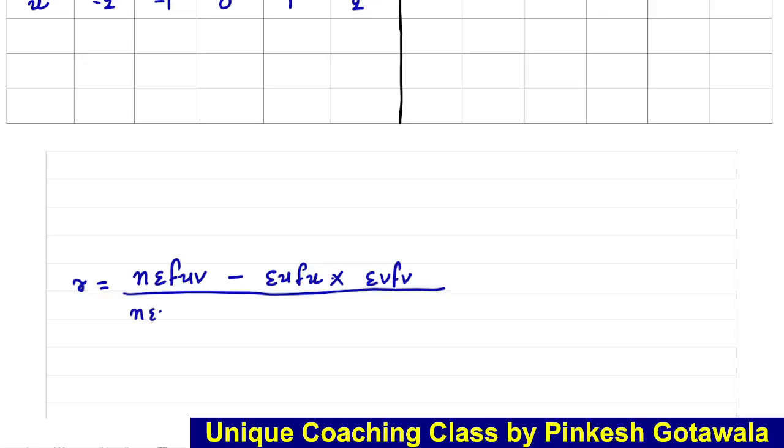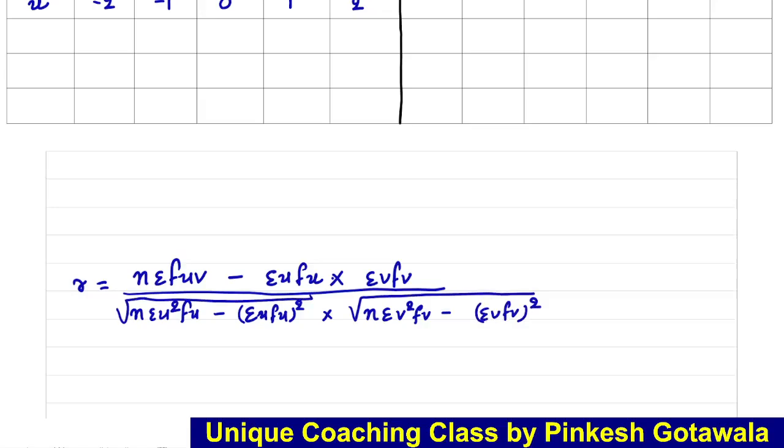Then here: n sigma u square fu, minus sigma ufu whole square, and n sigma v square fv, minus sigma vfv whole square. If you see this formula, sigma means total.